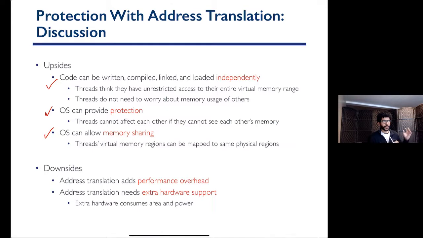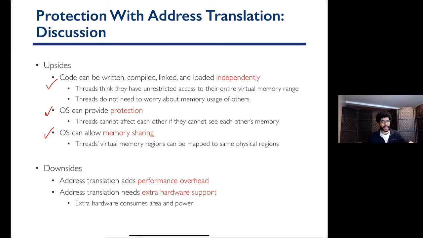So if you don't have virtual memory, and if your program is going to use physical memory, then the compiler should be aware of where this code is going to reside, because then it's going to generate, or the linker will have to generate, addresses that are accurate physical addresses. But if you use virtual address and say, okay, you can just create your own virtual address without any regard of where in physical memory they reside, then the compiler is completely independent, and the linker is completely independent of the actual reality.